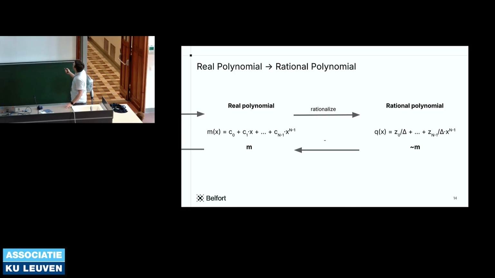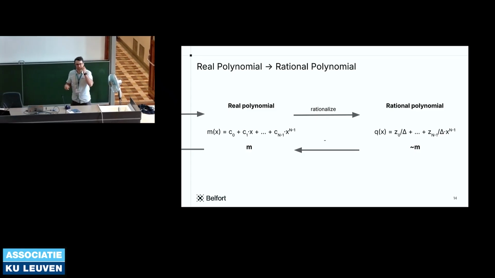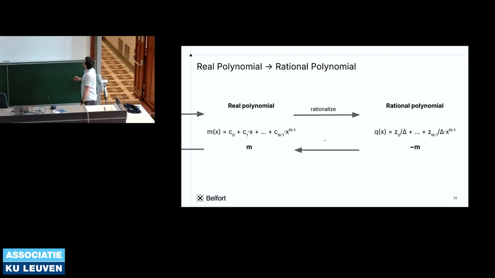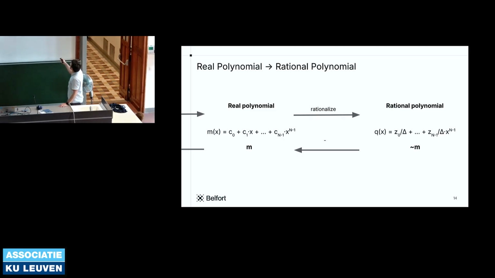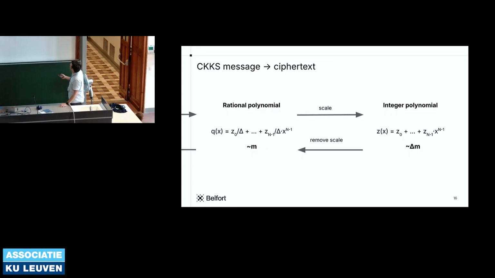And this delta, you should think of it as something very large. For the purposes of this presentation, you can think of it as 2 to the 40, so 40 bits. And that gives you your message, M. Now, instead of considering M, I'm going to consider delta M. Great, now I have an integer polynomial.